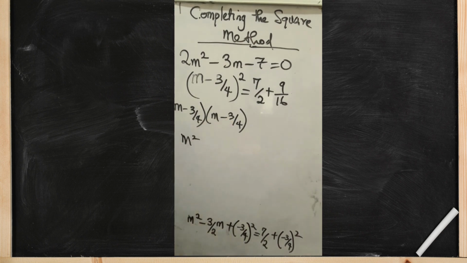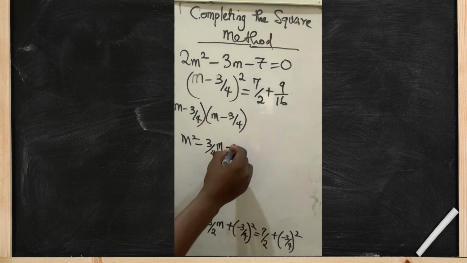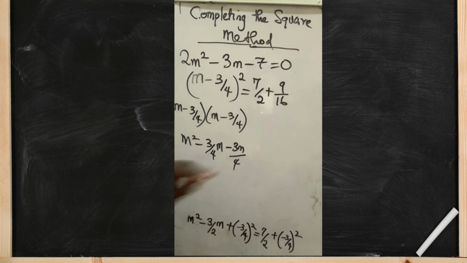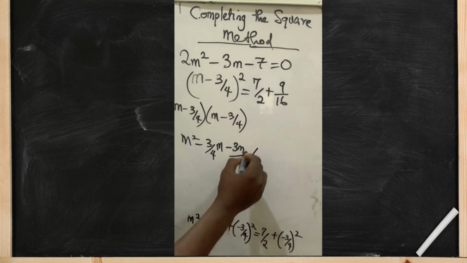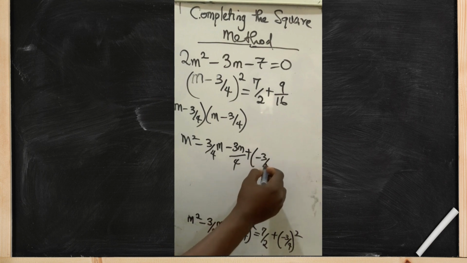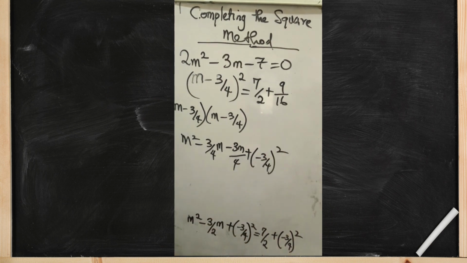M times minus 3 over 4 will give you minus 3 over 4 m. Minus 3 over 4 times this will give you minus 3 over 4 m. Minus 3 times minus 3 will give you minus 3 over 4 square.